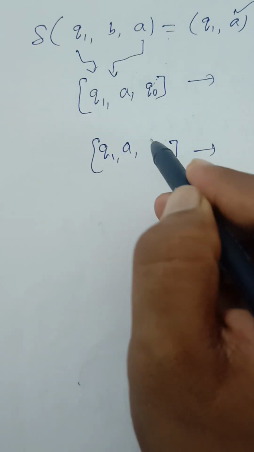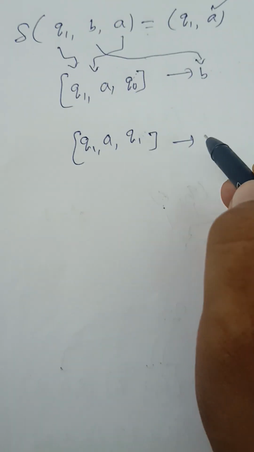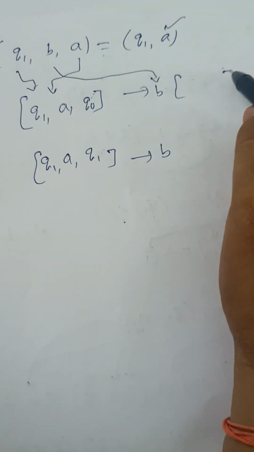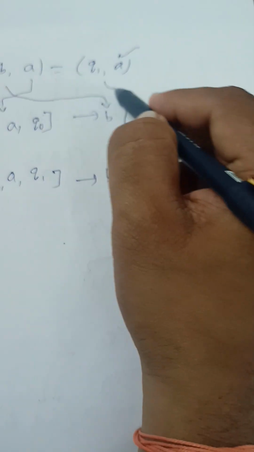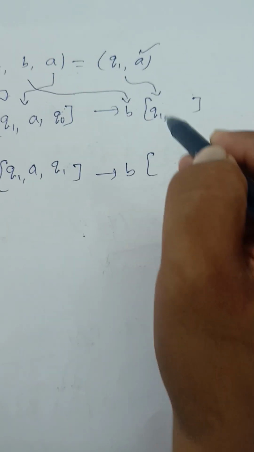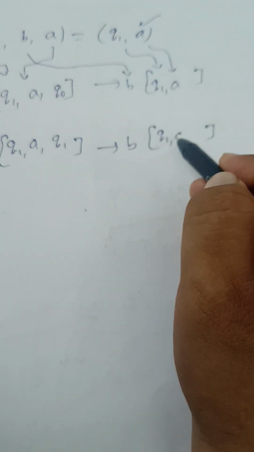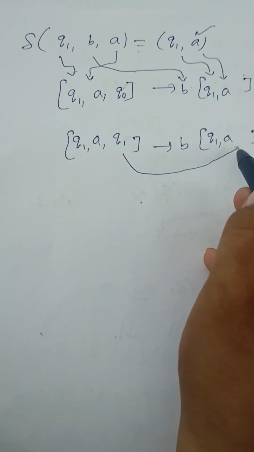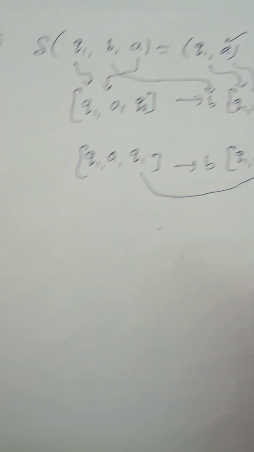So here we have two states, q naught, q1. Simply consider here b, b. So here we have only one character, that's why we will consider only one square bracket. So q1, q1. So small a, whatever we write here, we will mention the third field, q naught, q1.